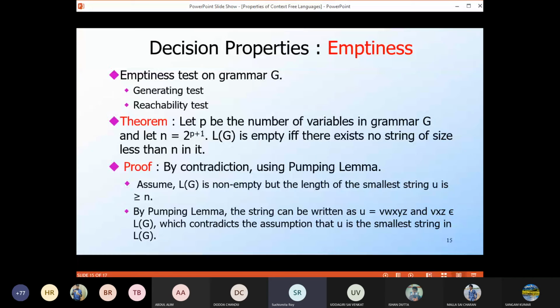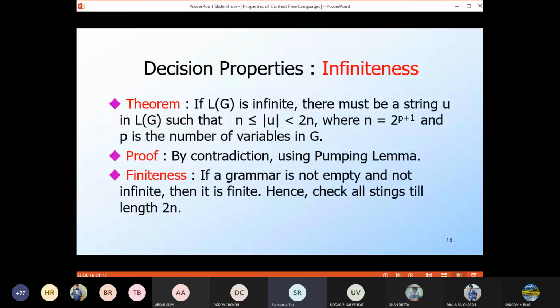Next is infiniteness. So how do you check for infiniteness? This also is similar. It is also derived from pumping lemma. If L(G) is infinite, there must be a string u in L(G) such that the length of u lies between n inclusive and 2n, strictly less than 2n.